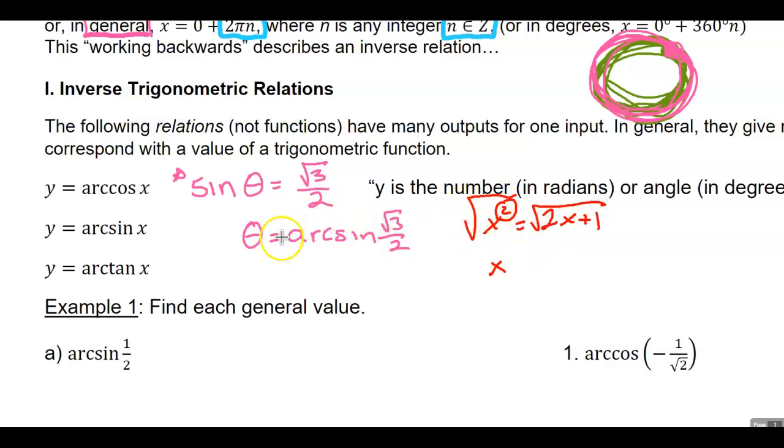So you can think of this as the inverse: if I take the arc sine of both sides, the arc sine and the sine pretty much cancel each other out, and I'm left with just theta equals, like I would be here with x equals. And on the right-hand side, I now have arc sine of root 3 over 2.